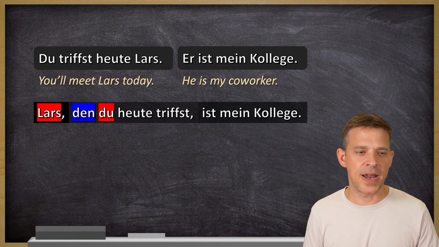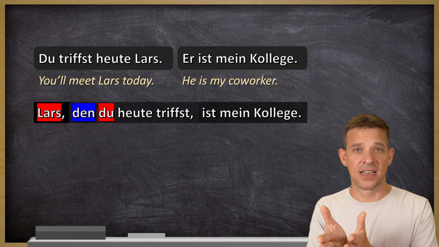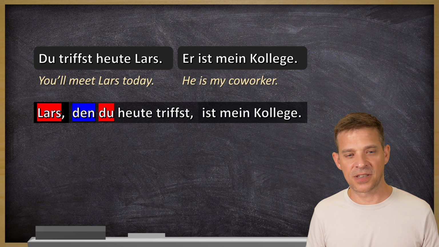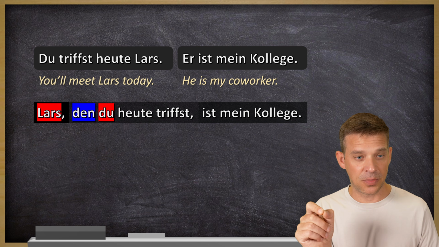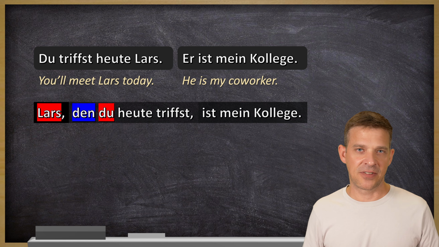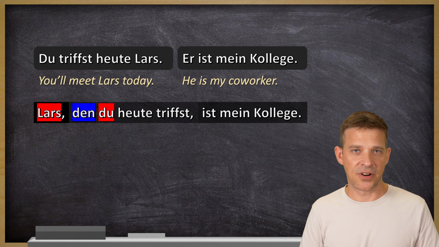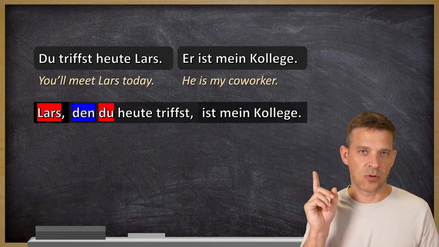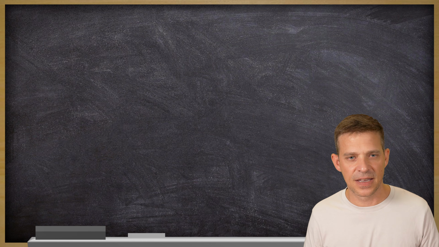Lars, the subject of the main clause. Den du, again, when you see du, same as ich, you know this is the subject, the nominative case. Du triffst. You can also double check it with the verb. Treffen, jemanden treffen, to meet someone. This is the direct object in accusative case. Therefore, the relative pronoun is in Akkusativ, den.